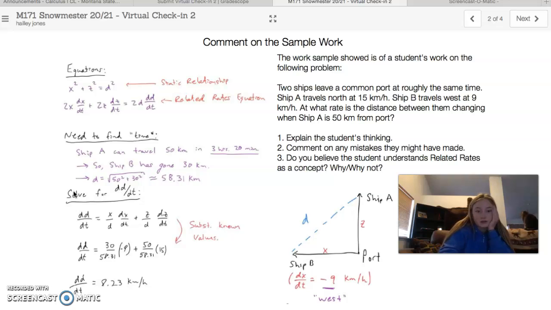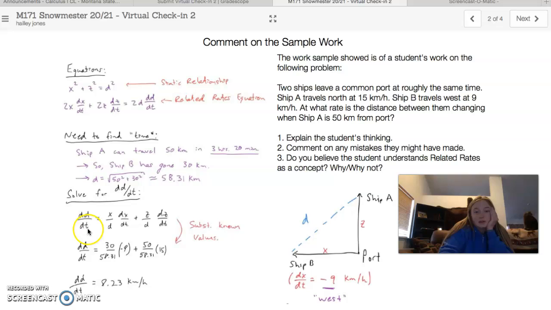But what I also noticed is that down here they put in a -9, which I don't think is correct because they're not moving in a -9 direction. They're just moving west, which I don't think is negative. So I think that's where they messed up right there.